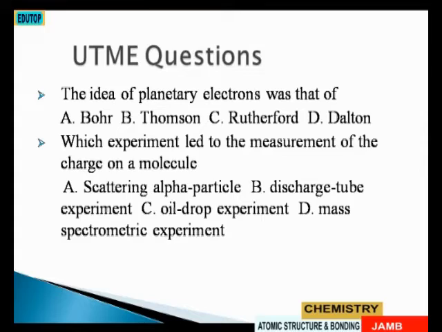Option A, scattering alpha particles. No. Option B, discharge tube experiment. No. Option C, oil drop experiment. That's correct. So that is what Millikan worked on, the charge of the electron in relation to the oil drop experiment, and that's the answer. Option D, mass spectrometric experiment. No. That one is to determine the molecular mass.